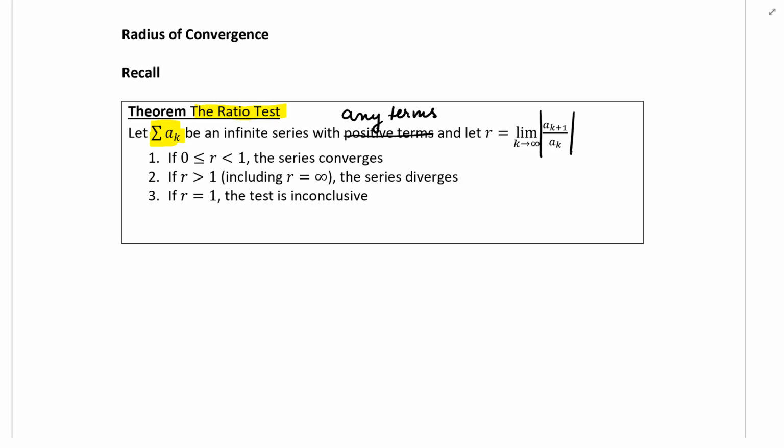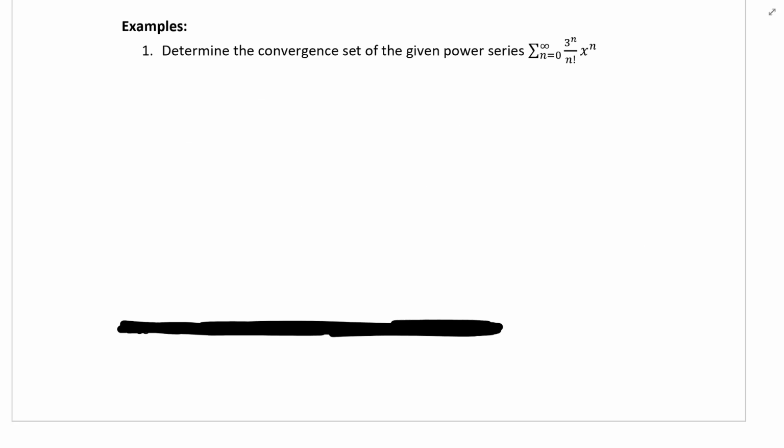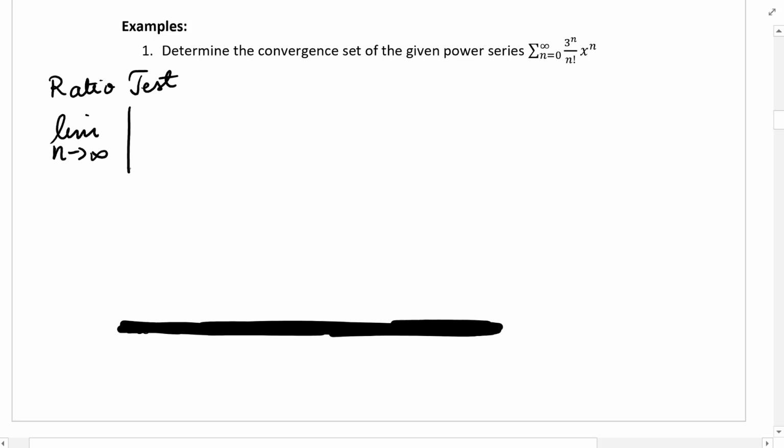So let's try. Determine the convergence set of the given power series, sum as n equals 0 to infinity of 3 to the n over n factorial x to the n. So let's write the limit based on the ratio test. Limit as n is approaching infinity of absolute value of a sub n plus 1 over a sub n.